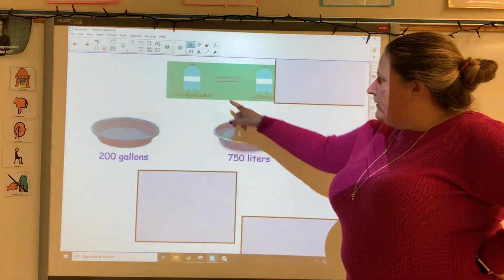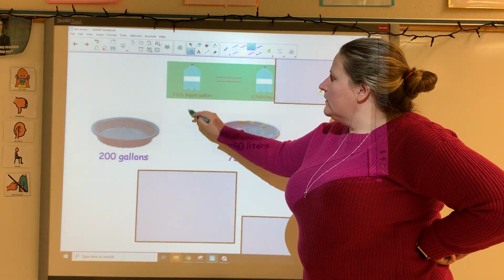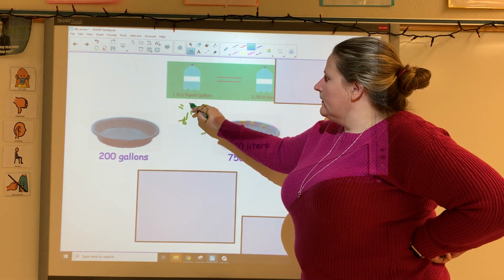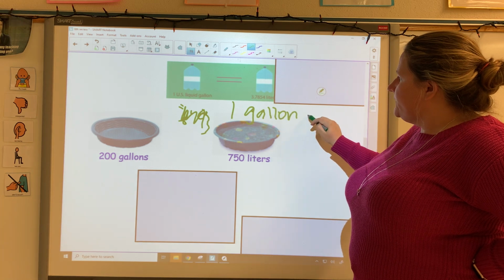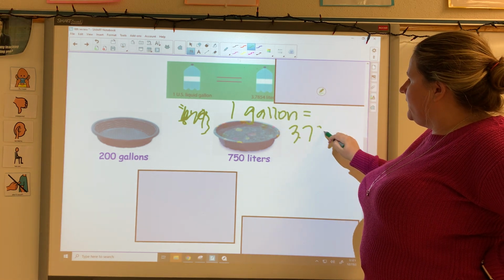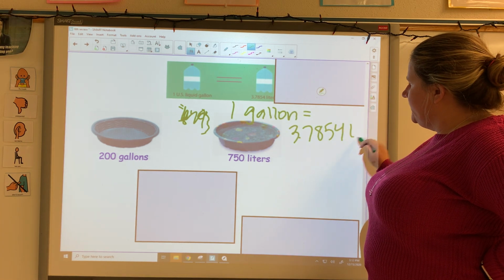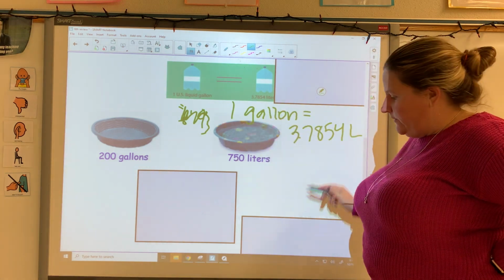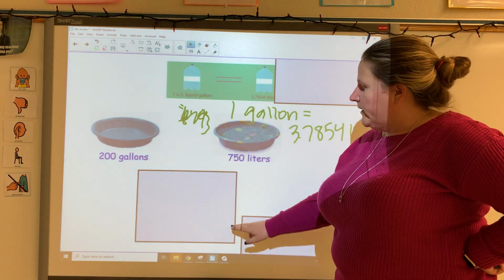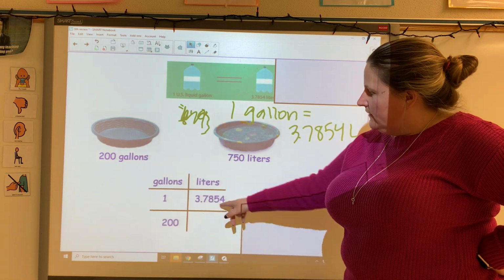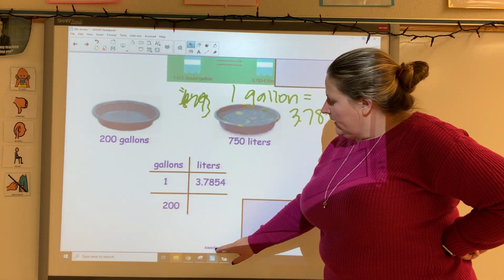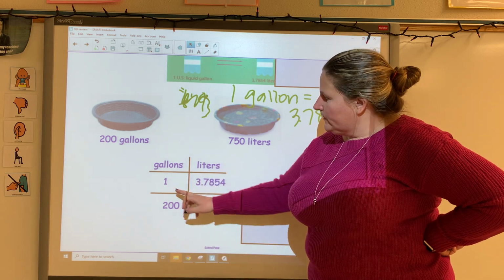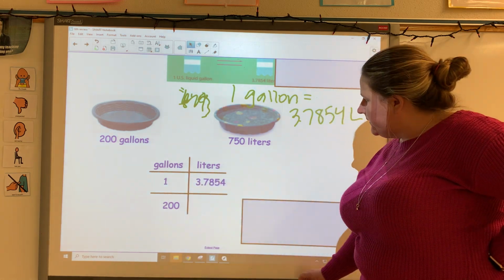So this is another time you might want to convert something. We know my ratio up here is 1 gallon is equal to 3.7854 liters. This is the ratio I am going to use to solve my problem, and I made us a chart here, okay? In my ratio table, 1 gallon is equal to that many liters.